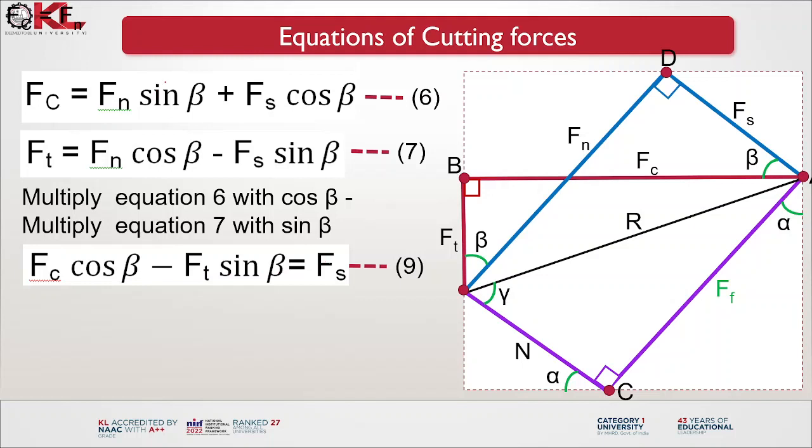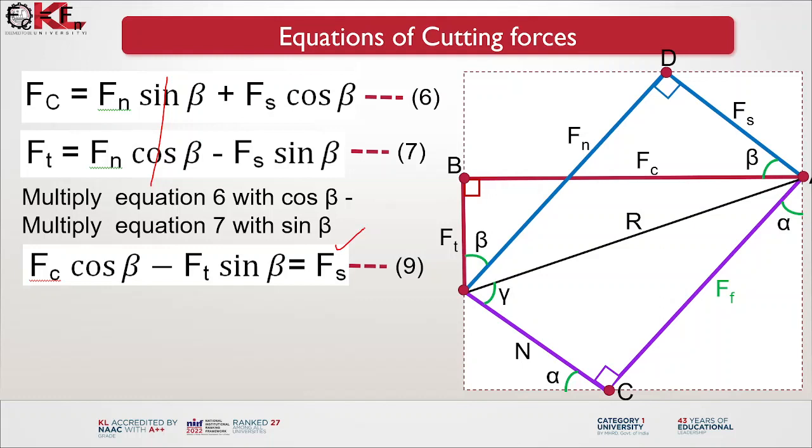Here these two components get cancelled, and these components will be Fs cos square beta plus Fs sin square beta. Here sin square beta plus cos square beta is equal to 1. This is the Fs, and these two components are the same, so they get cancelled. This is the shear force, so you can obtain the shear force from this.